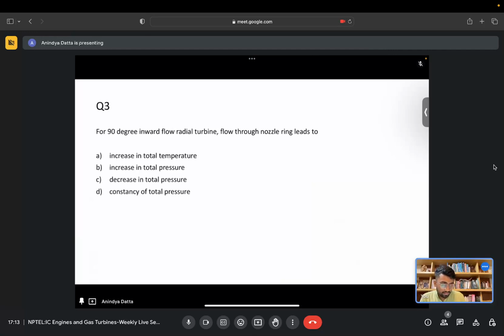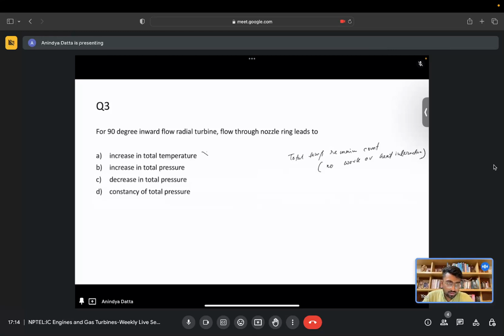So total temperature remains constant because of no work or heat interaction. Option A is not correct, because an increase in total temperature can happen only if there is some heat addition or work input to the system, but in the nozzle ring no such interaction happens.